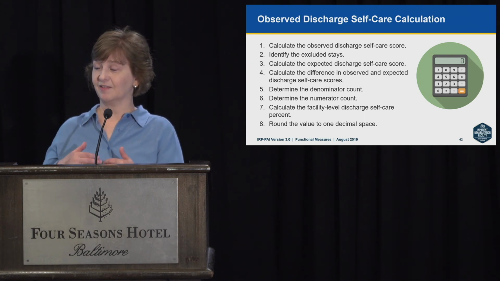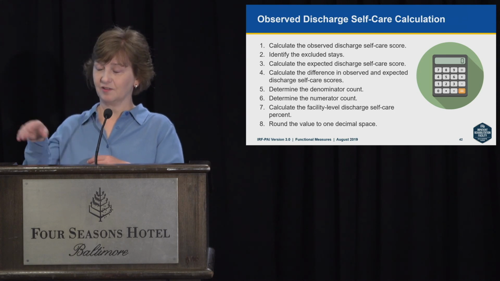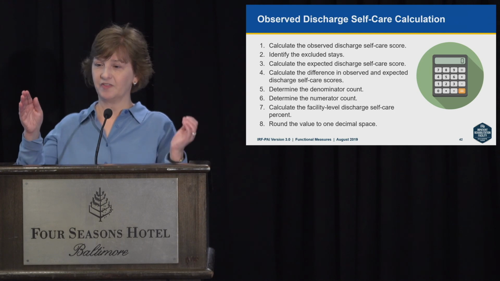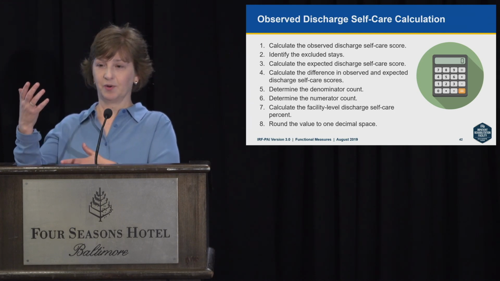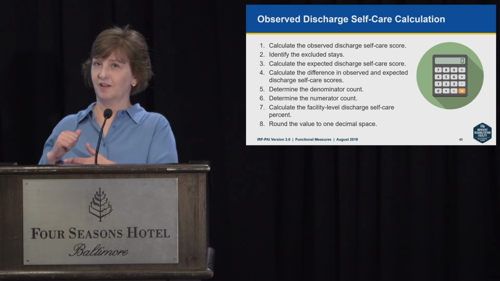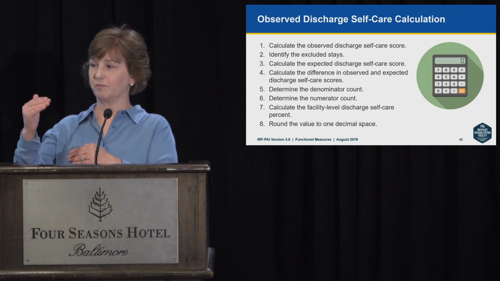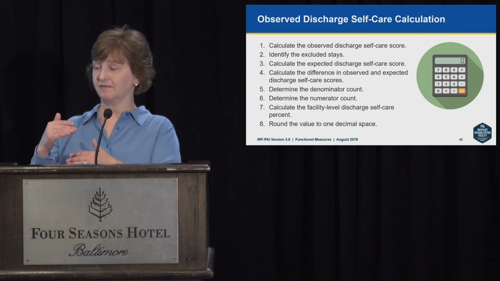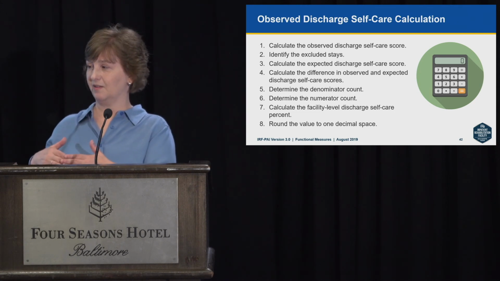In that case, your patient achieved a discharge self-care score higher than what the national data experience expected, and that person would be included in the numerator. If, however, the observed score was 40 and the expected score was 41, you're below it. That individual did not achieve as high as expected, and so that person would not be in the numerator.